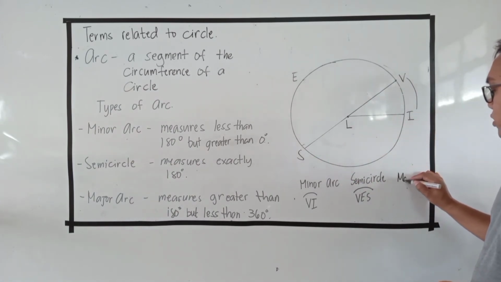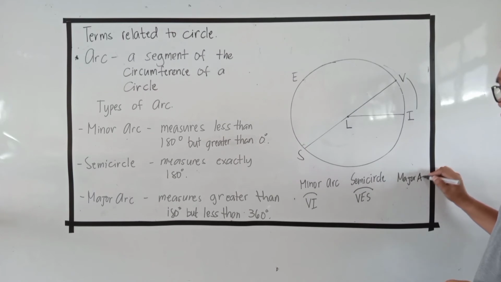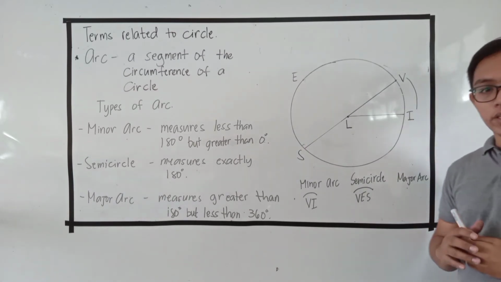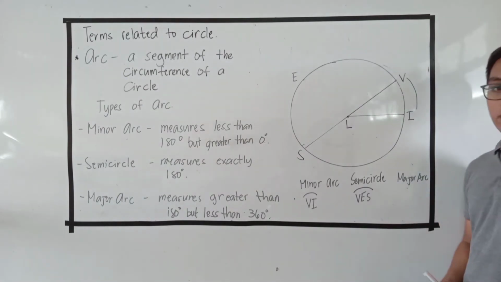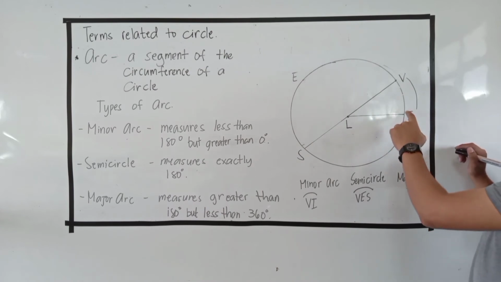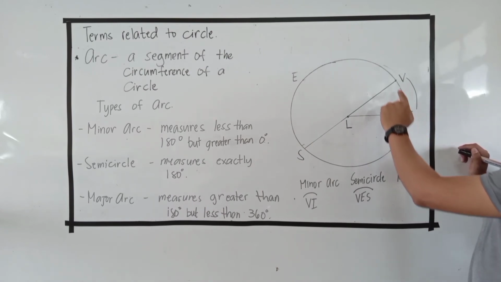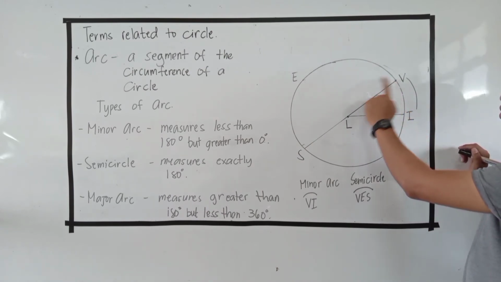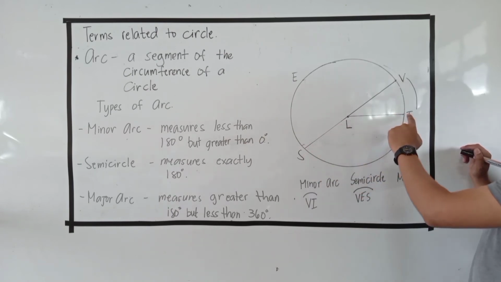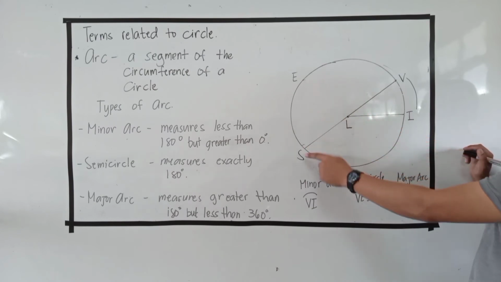How about a major arc? It must be greater than 180 degrees, but less than 360 degrees. Examples are arc IVS, same thing as arc IES.